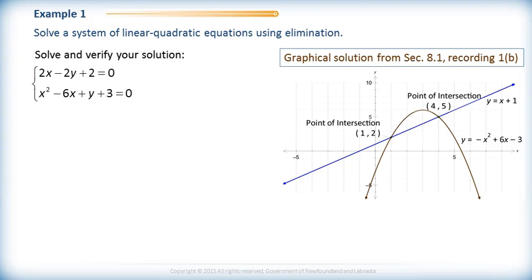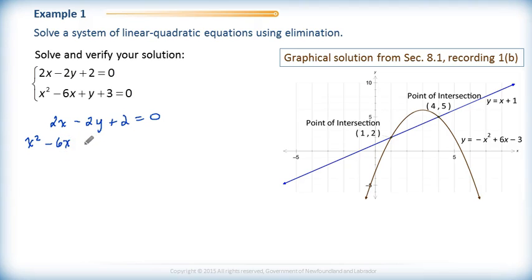First thing I usually do is align the like terms over each other. So 2x and 6x, for example, are like terms. Negative 2y and y are like terms. The constants are like terms. So I have 2x minus 2y plus 2 equals 0. Meanwhile, I don't have a like term to go with the x squared from the second equation, so that guy is off by itself a little bit.